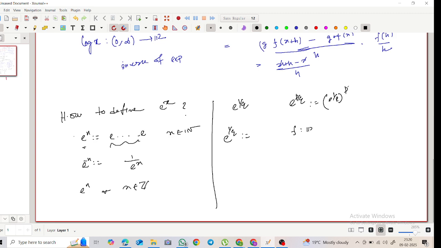Take f from R to R, the function x goes to x to the power q. Now see, this function is defined. X to the power q is defined because q is an integer. So you can take the product of q x's.